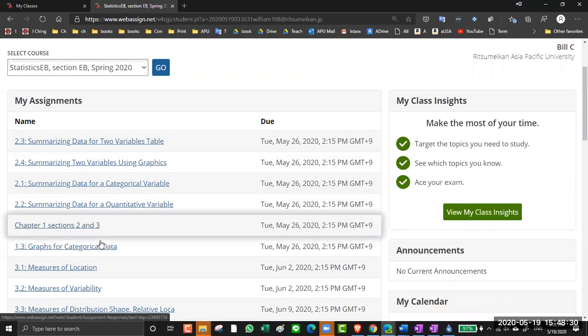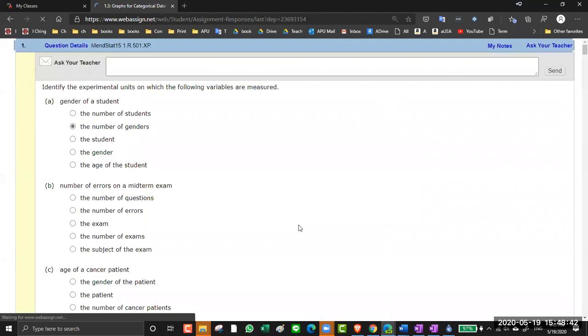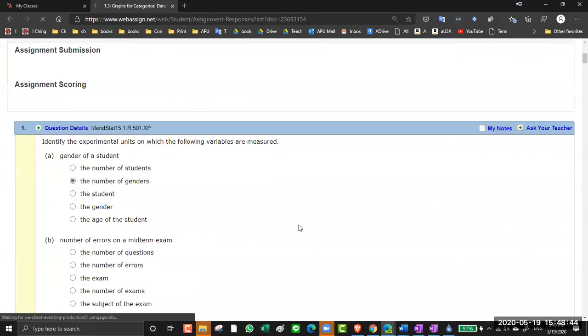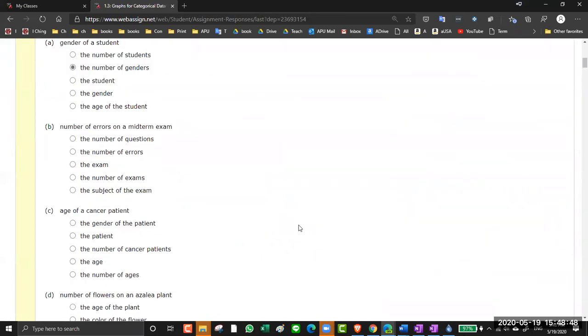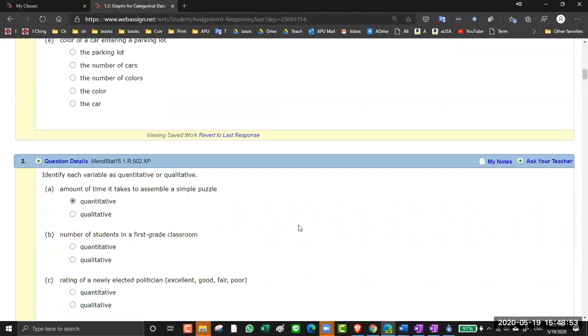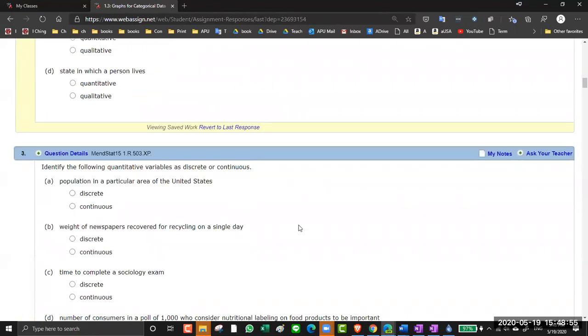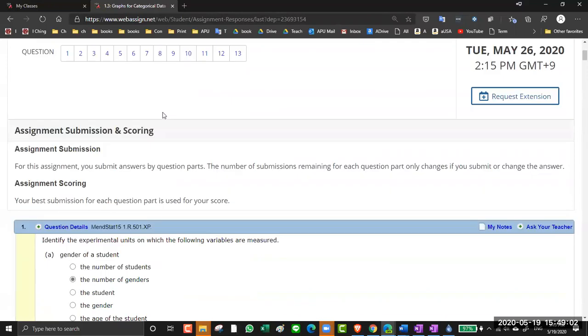We didn't actually talk about graphs, but let's see what's in here. Okay, I won't do this one. So you only have one assignment.